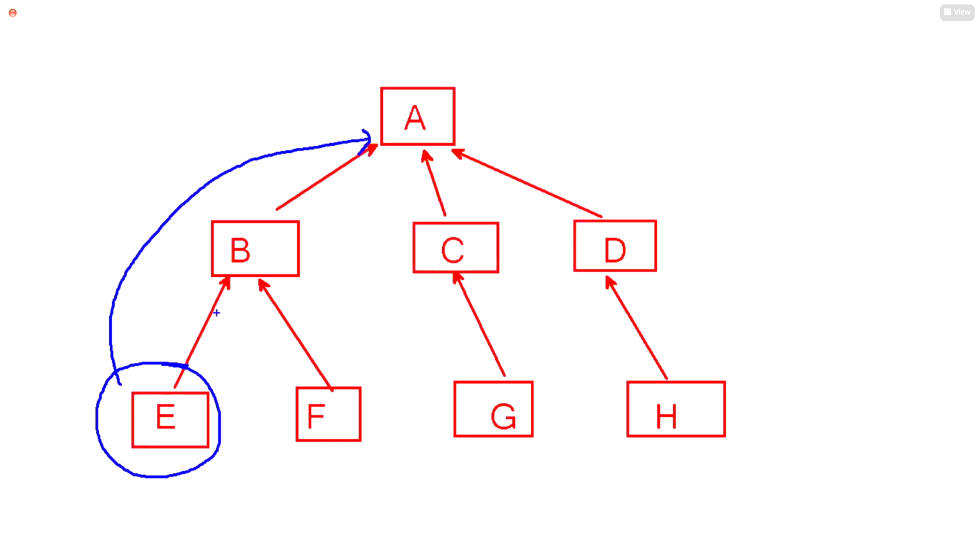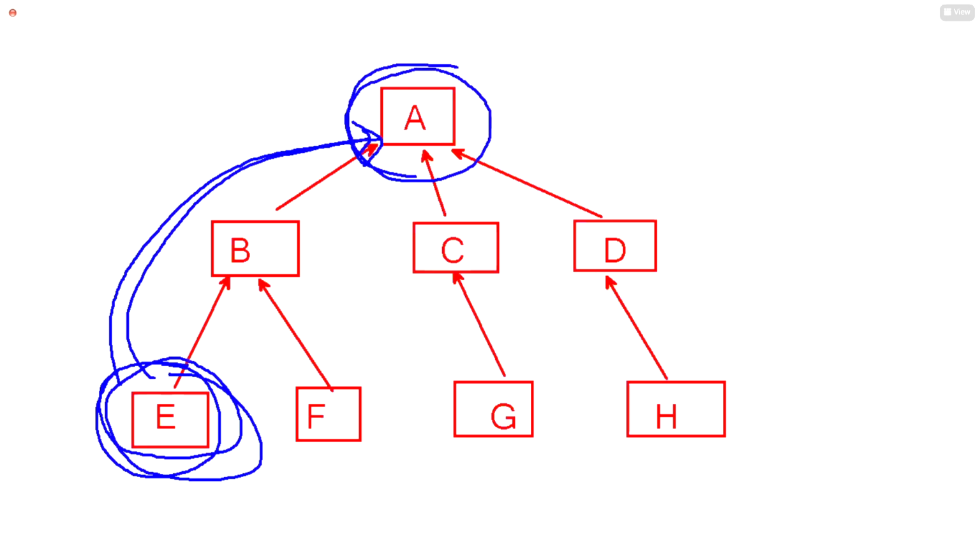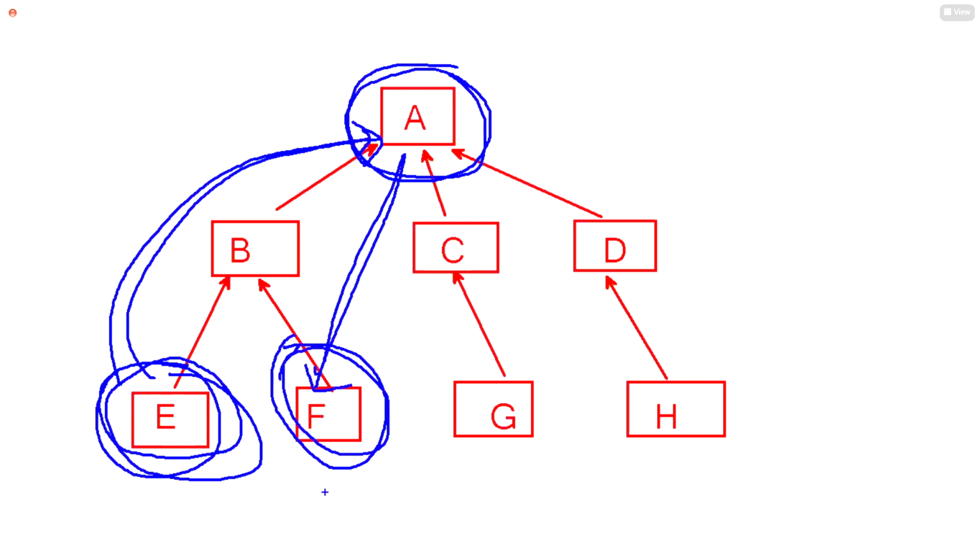Now, one more. E class object I'll assign to A class. Again, this A class reference I'll assign to F class with explicit type conversion.